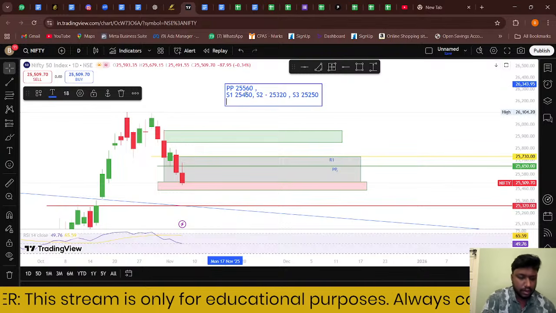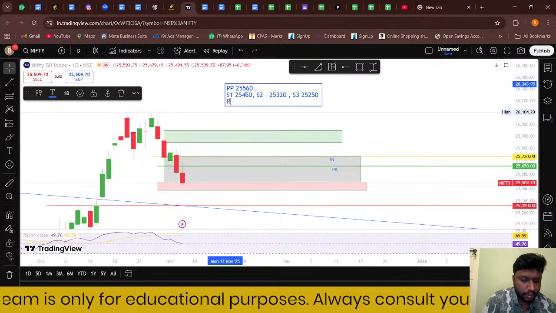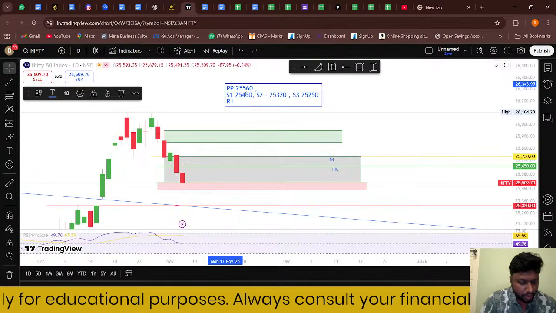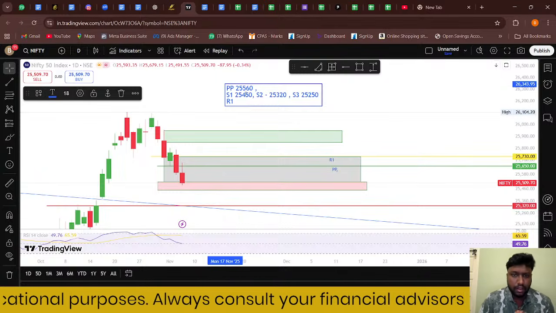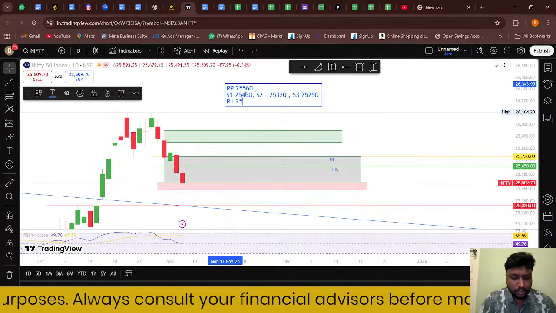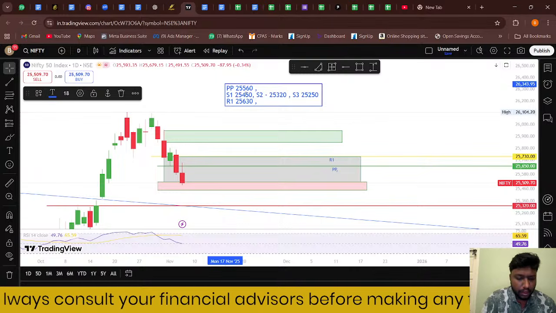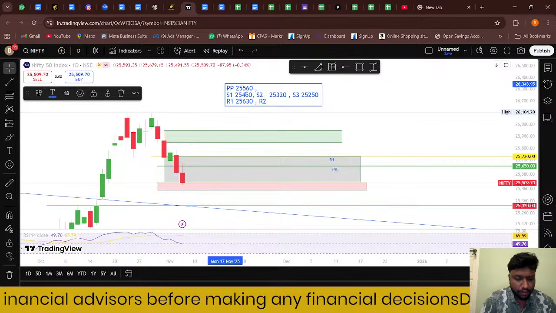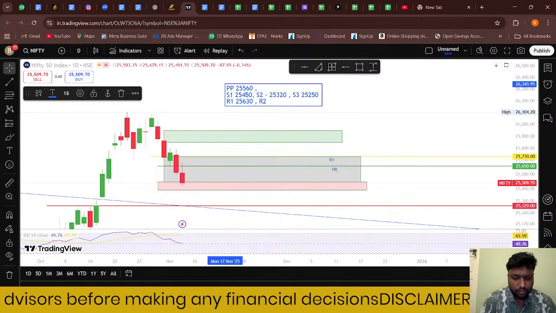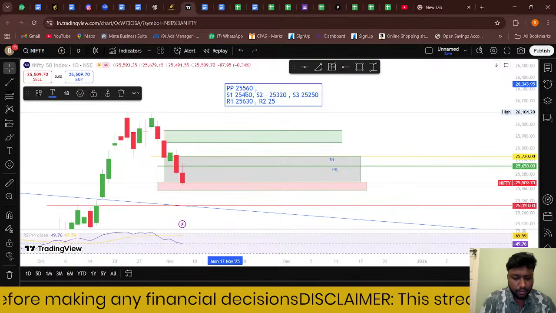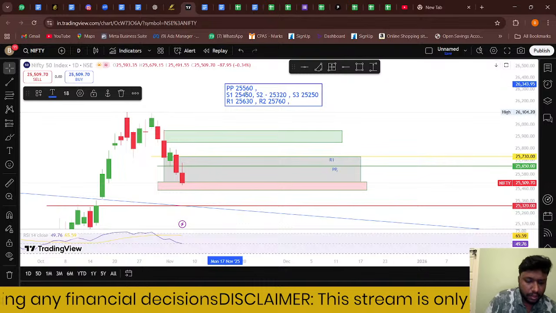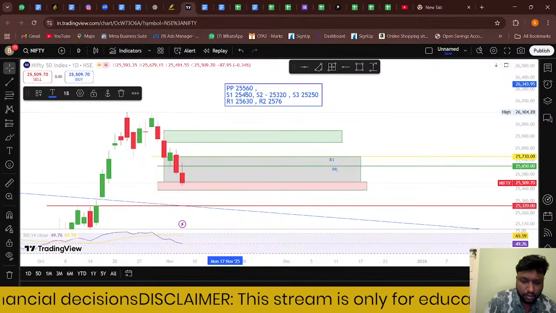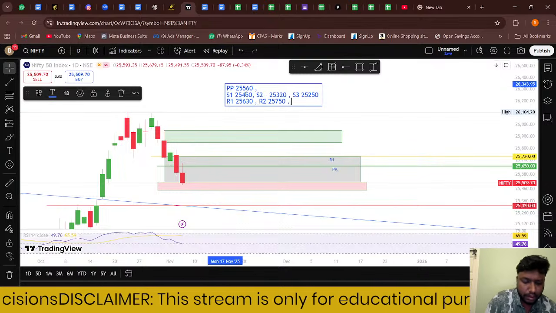We will quickly plot the resistances. Resistance 1 is at 25,630, and R2 is at 25,750, not 760.